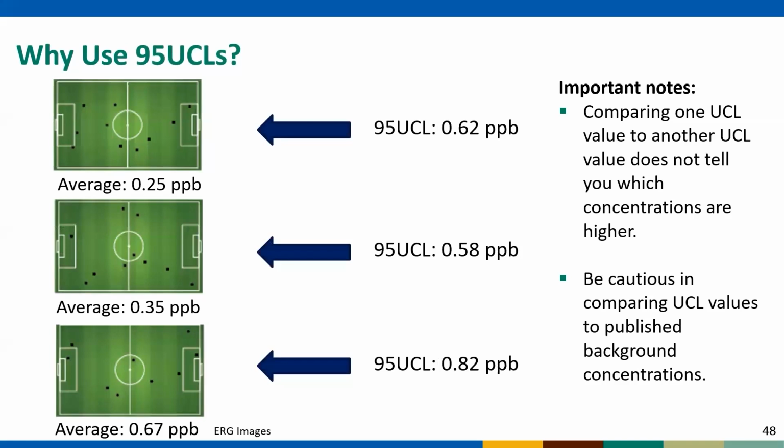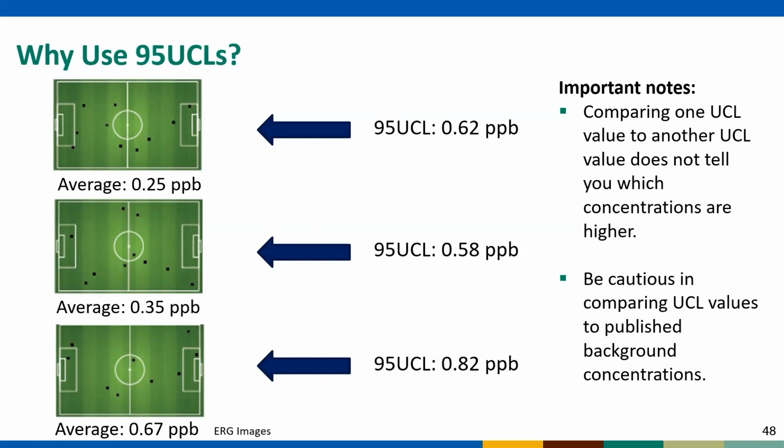Now, for some further comments on UCLs. The 95% UCLs can vary from sample to sample, and comparing one UCL value to another UCL value does not tell you if concentrations are higher or lower. For instance, let's say we had 3 soccer fields in this park, as shown on this slide. Even though we don't know it, let's say hypothetically, the true averages were 0.25, 0.3, and 0.67 parts per billion.